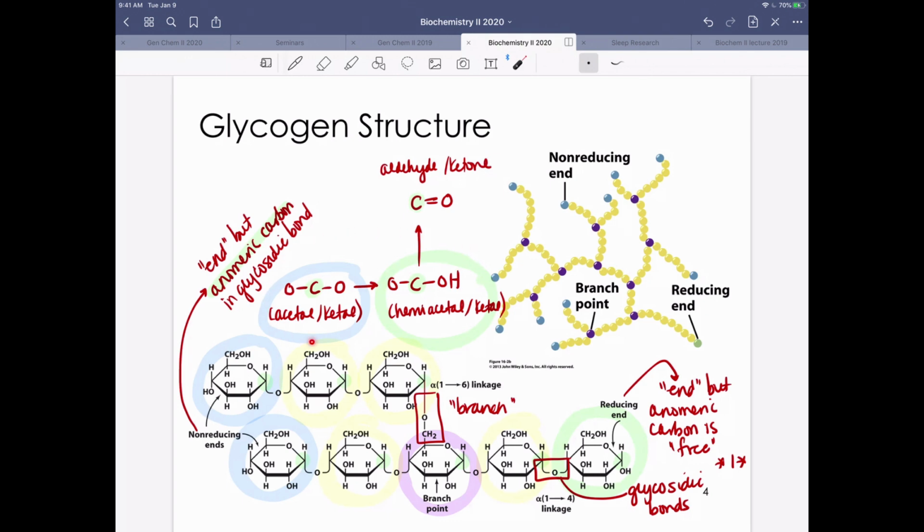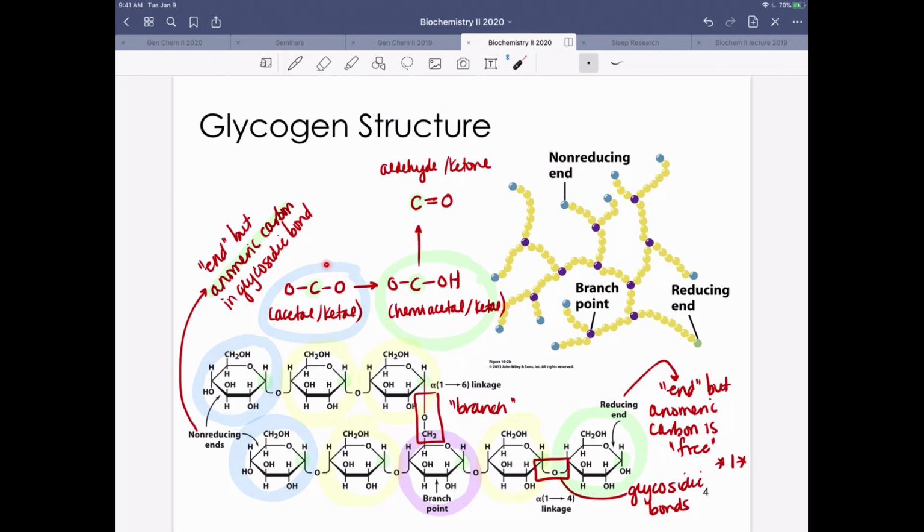Let's highlight up here some chemistry that we've talked about. If we look at, for example, one of these blue residues, and we think about this alpha 1,4 glycosidic bond, remember when we link sugars together in a glycosidic bond, we're making an acetal or a ketal linkage. So this carbon here is connected to 2 oxygen atoms.